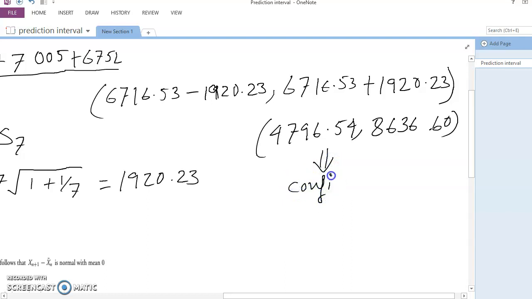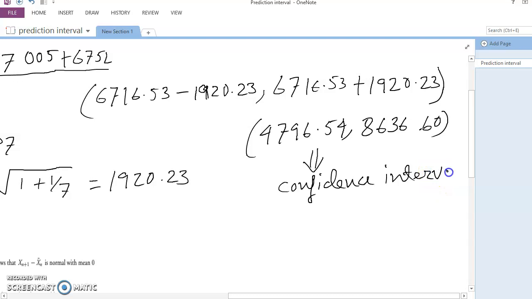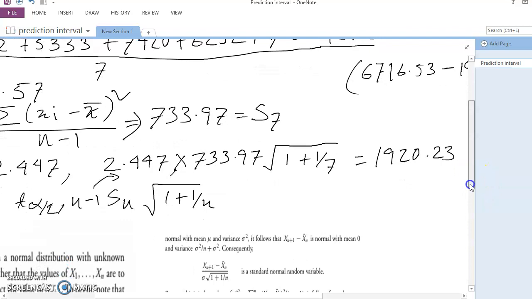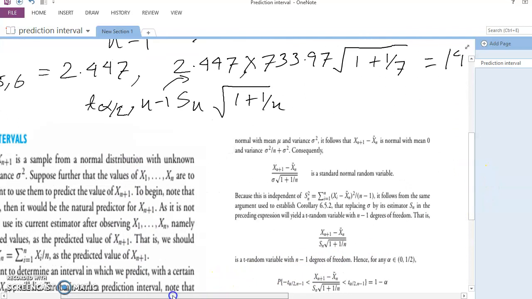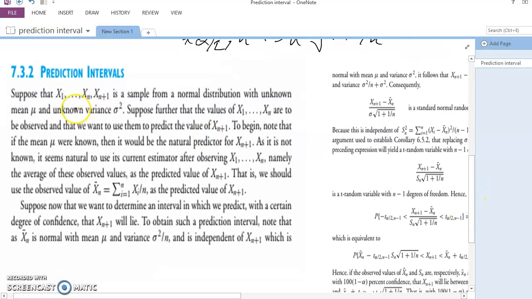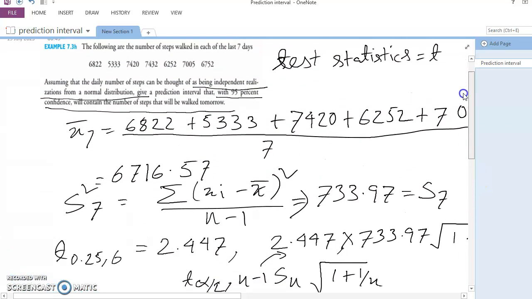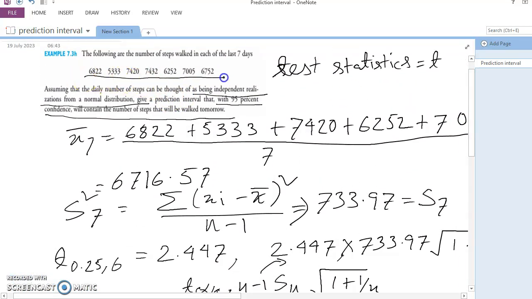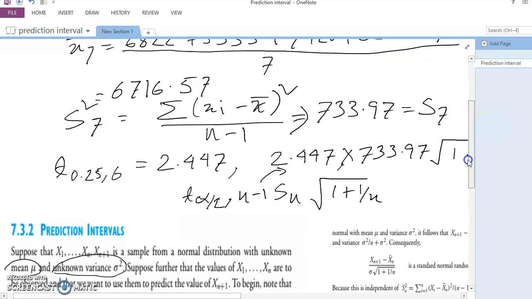Now I will discuss the theory. Theory is very, very important, friends. Prediction interval: suppose X1 to Xn is a sample from a normal distribution with unknown mean mu and unknown variance sigma square. Both mean and variance are unknown.